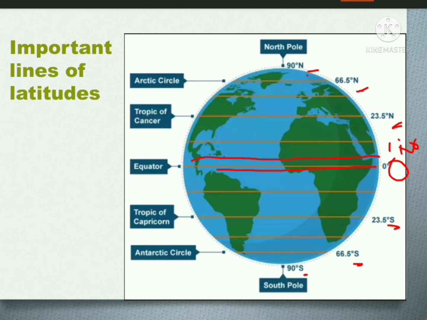Okay, as we move further northwards, the lines of latitudes are numbered as 2 degree north, 3 degree north, 4 degree north, etc. until we reach 90 degree north, which is at North Pole. So the latitudes in the southern hemisphere are numbered in the same way till we reach the South Pole, which is at 90 degree south.